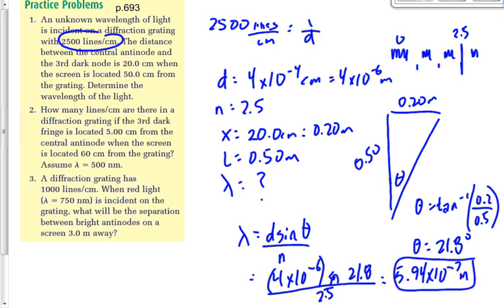So the answer in the book was wrong for this. What do you think they did? They just went lambda is equal to xd over n times L, right? So they overlooked that. Okay? Listen, they're not the first people, and they won't be the last to do that. I've done that. Yeah, I've missed that before. Hopefully if you're going to miss that, you miss it on practice questions, not on a diploma exam. Be careful.